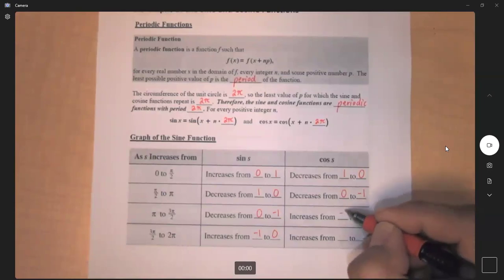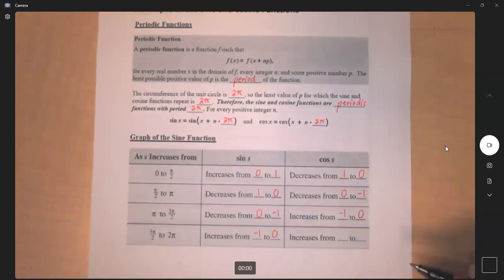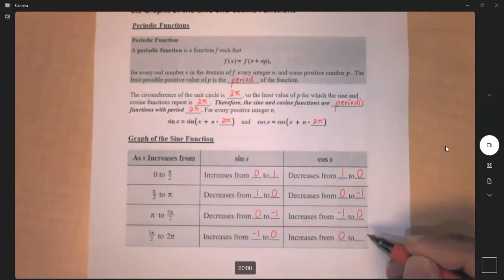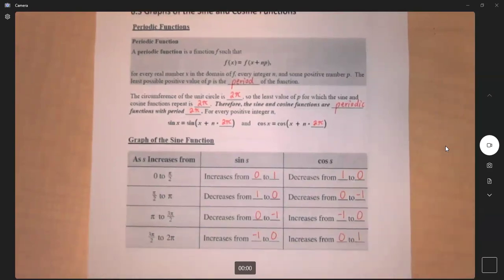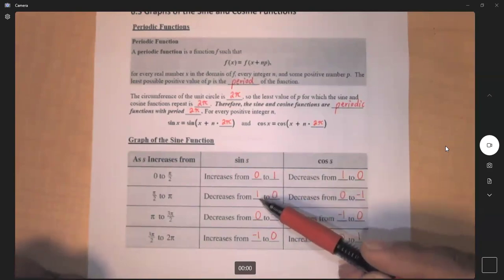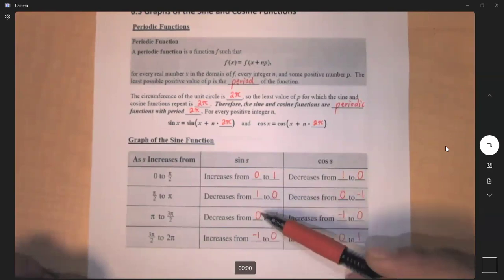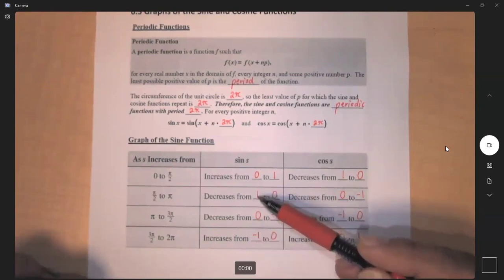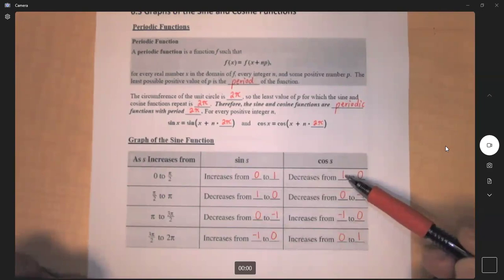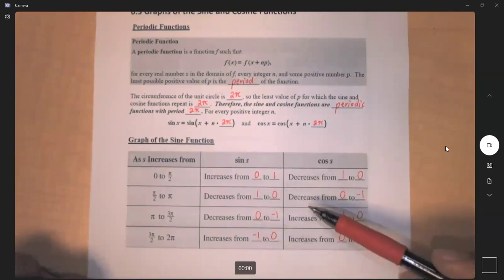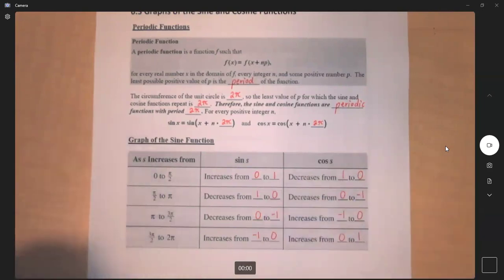Then it increases from -1 to 0, and then it keeps on increasing from 0 to 1. Okay, and you can see that if we start after pi halves and we look at the values starting at pi halves, that's the beginning of cosine over here. So they're off phase by pi halves.